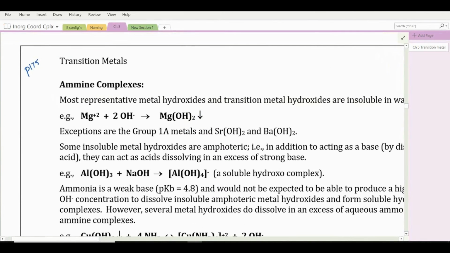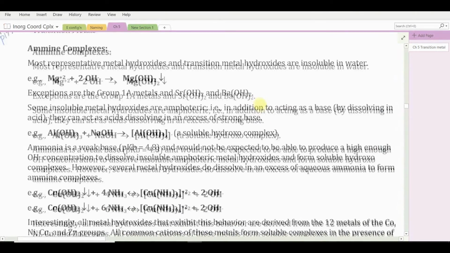So here's a representative metal hydroxide. It's quite insoluble. There are exceptions, of course, to group 1A metal hydroxides, lithium, sodium, potassium, rubidium, and so on. And a couple of the group 2A metal hydroxides are in fact soluble, but for the most part, most representative metal hydroxides are insoluble, and it is also true of most transition metal hydroxides.